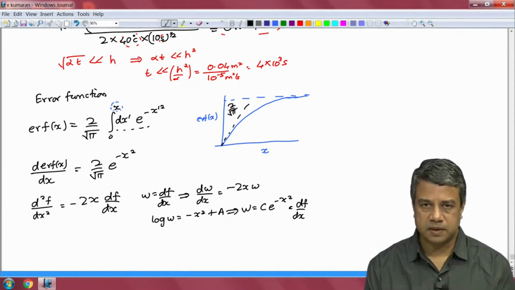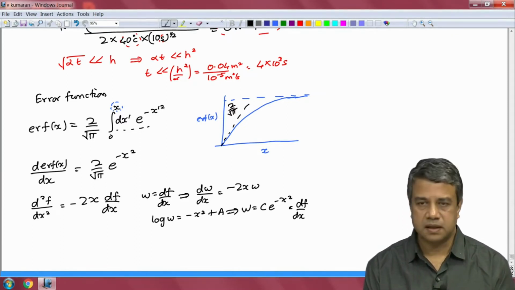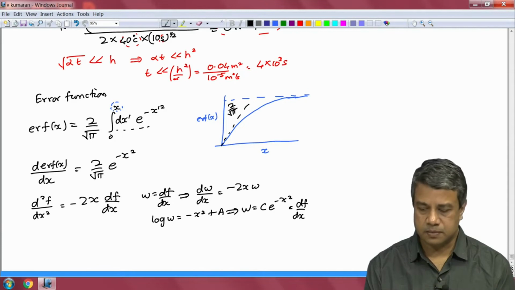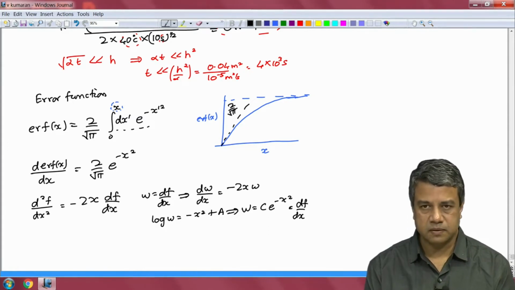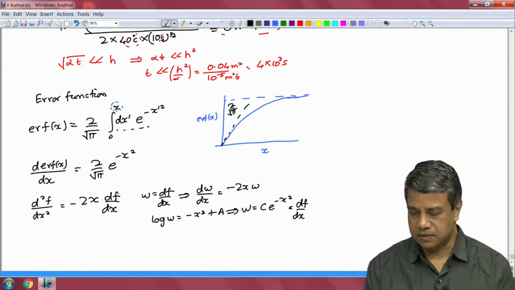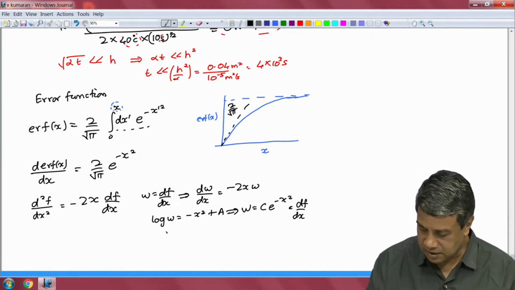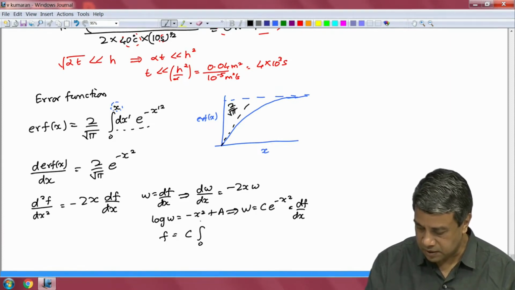A simple manipulation, write df by dx as w, then it becomes a first order differential equation for w. Integrating both sides, you get w is equal to c e power minus x square, which means that f is equal to c integral 0 to x dx prime e power minus x prime square.